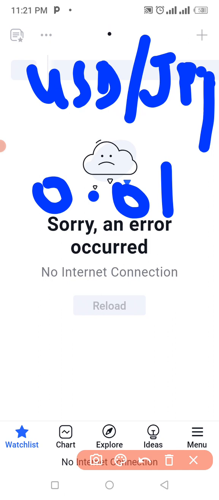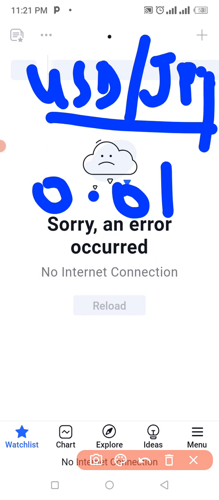For instance, if we want to calculate for the Japanese yen, let's consider USD to Japanese yen.